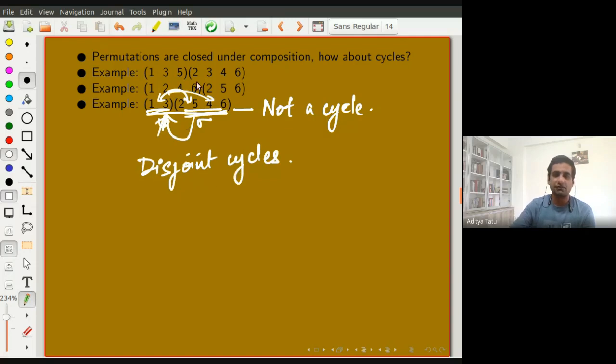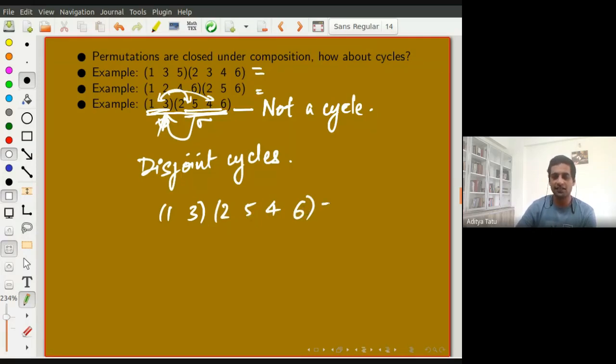In the first two examples, we saw that the resultant of these two cycles could be a cycle or not, and writing that cycle notation would be slightly difficult. You will have to figure out how to do it. But as long as you have disjoint cycles, there is no way to simplify apart from reordering the elements in the same cycle.